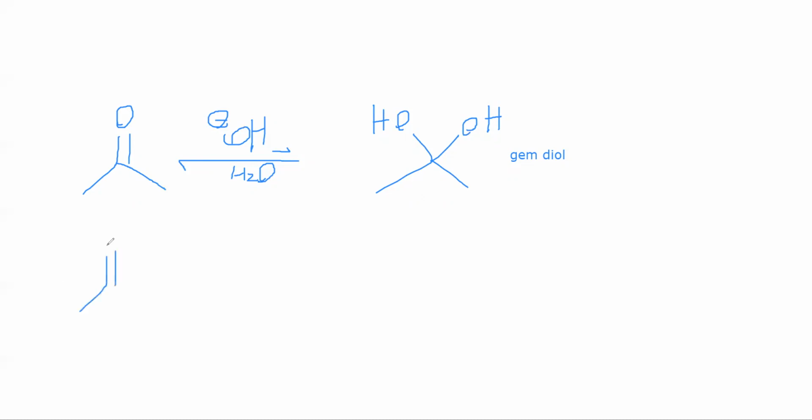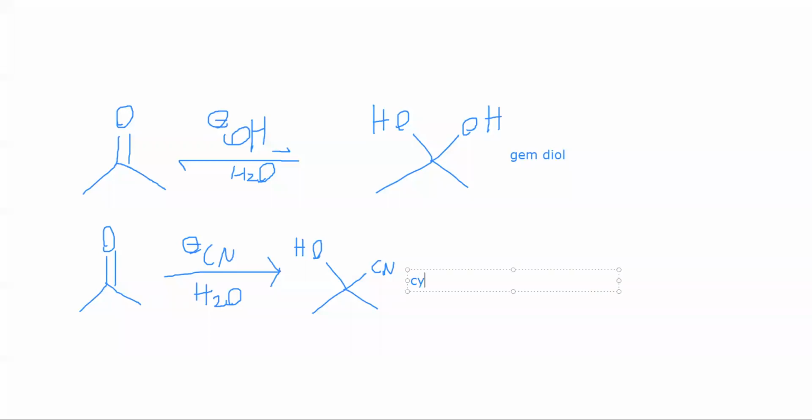If you add a cyanide to a ketone or an aldehyde, which is just a CN minus, and I'll say water is the proton source, you have an alcohol, and then you have your nucleophile. In this case, it's the cyanide, so you have a nitrile. This forms a cyanohydrin.